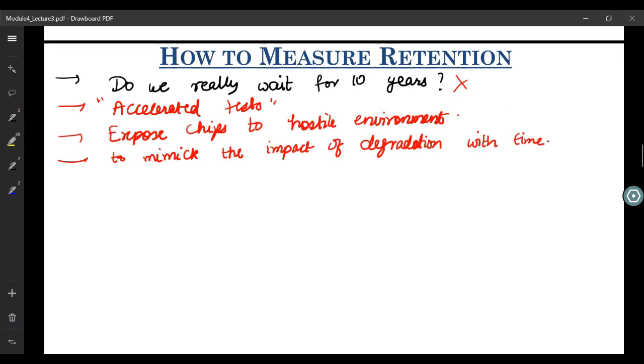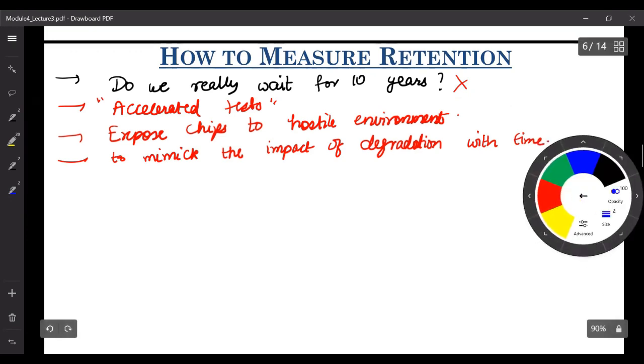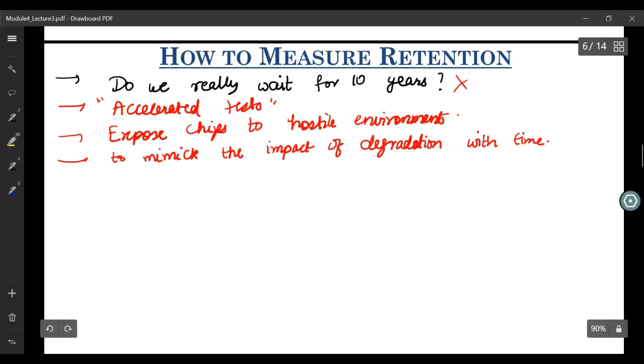So they expose the chip to harsh environments. What does that harsh environment mean? They bake or expose the memory arrays, the memory chips, to high temperatures.